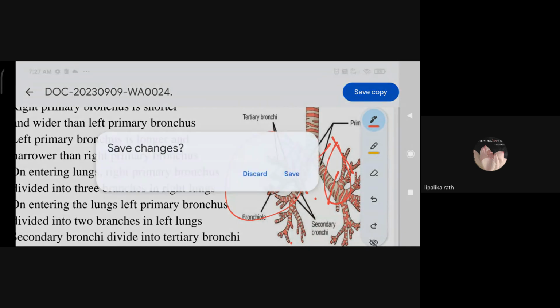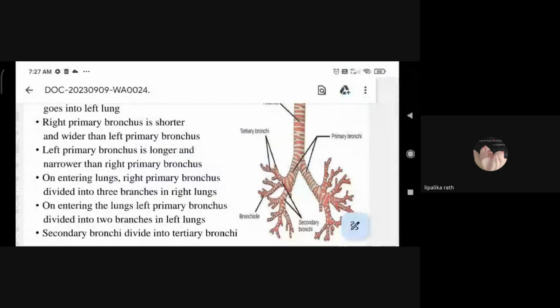Yes, on entering the lungs, the right primary bronchus divides into 3 branches in the right lung, and on entering the lungs, the left primary bronchus divides into 2 branches in the left lung. Why is this? Because our right lung has 3 lobes and our left lung has 2 lobes.